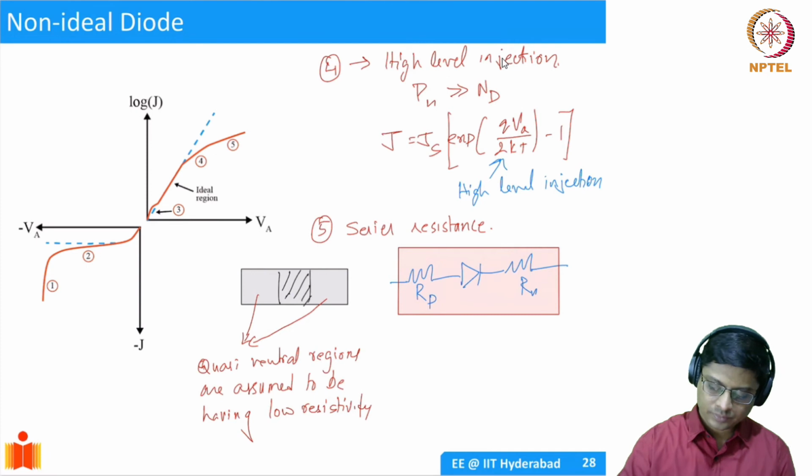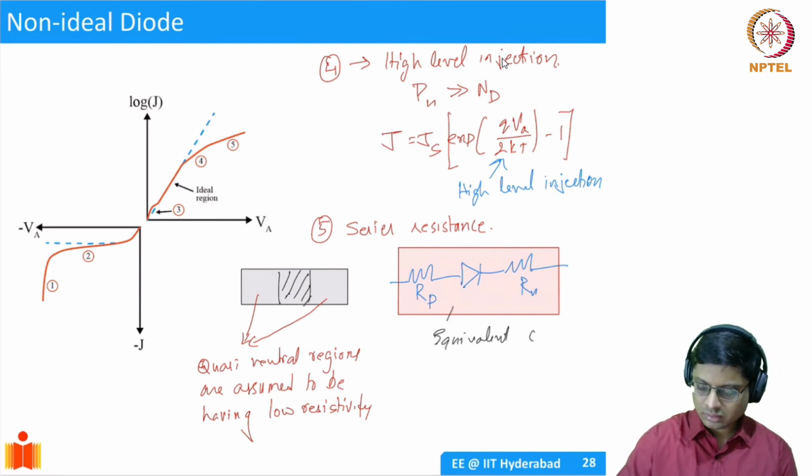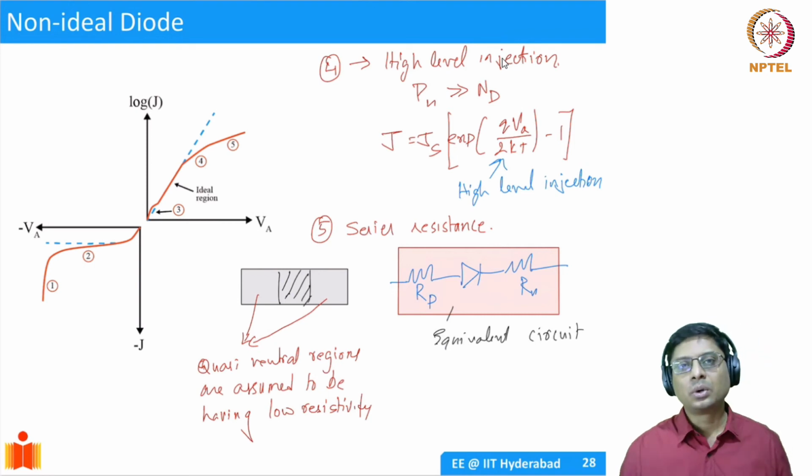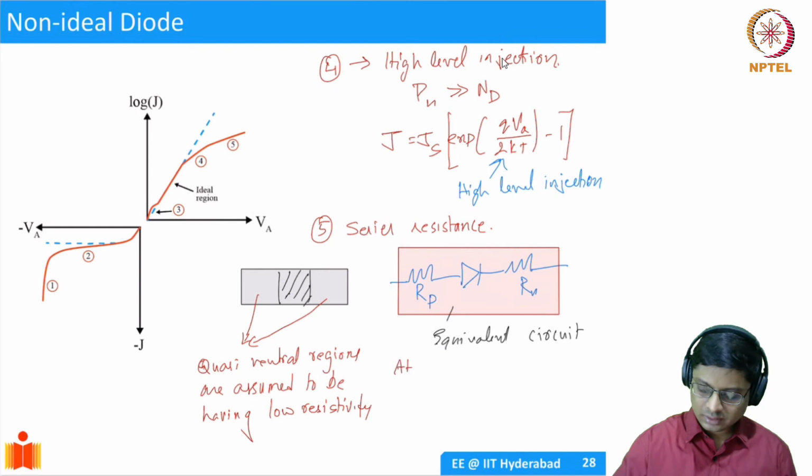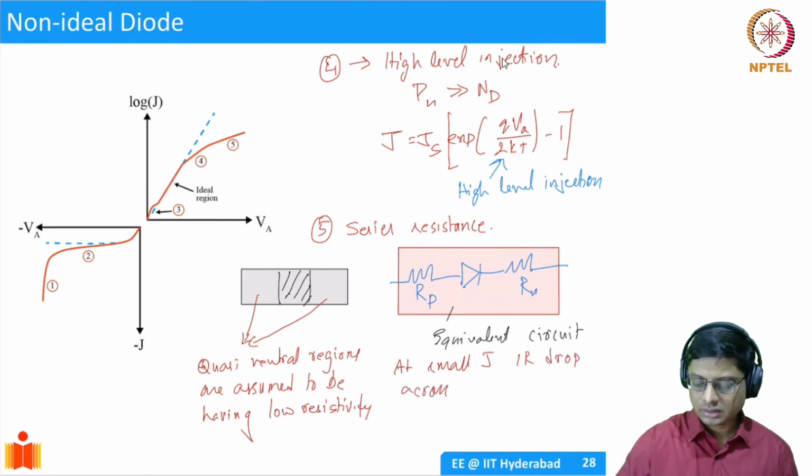At small currents, at small J, the IR drop across the quasi-neutral regions is negligible.